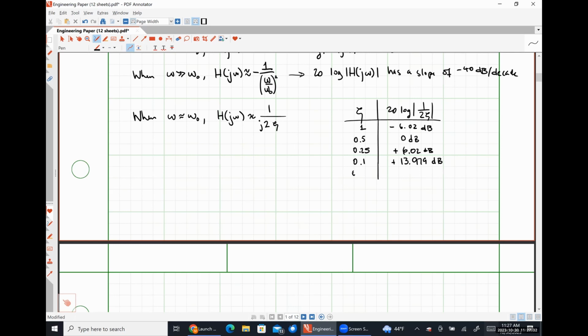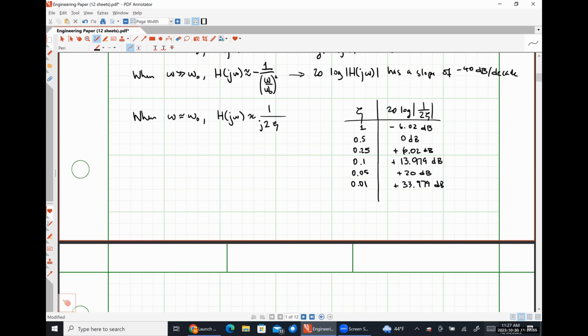We go a little bit smaller, 0.05 is going to give us an increase of exactly 20 decibels. And let's do 0.01. So this is going to look like 33.979 decibels, and so on and so forth.